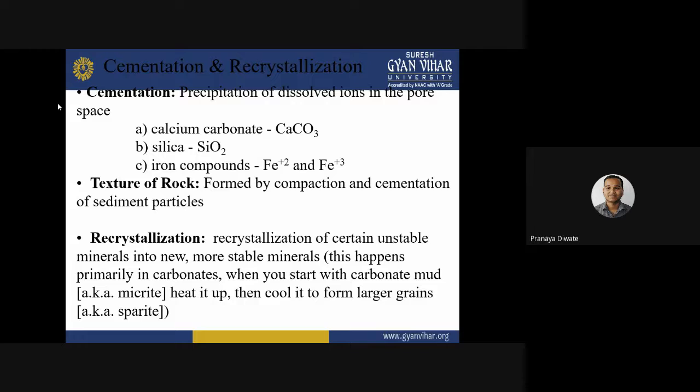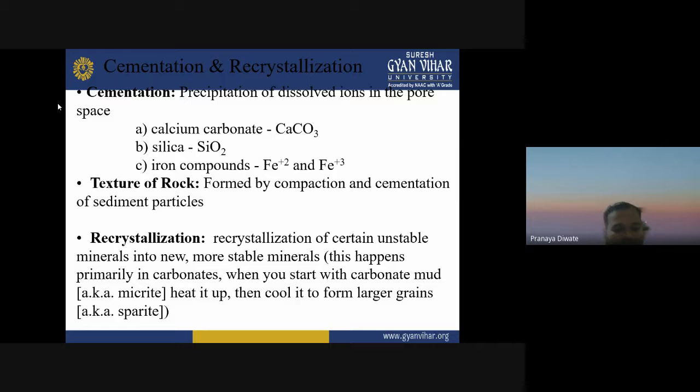Cementation and recrystallization. What is cementation? Cementation is precipitation of dissolved minerals in the pore space. You have calcium carbonate, silica, iron compounds as cement.